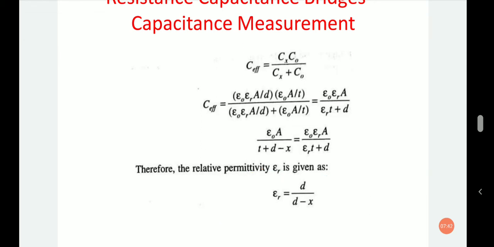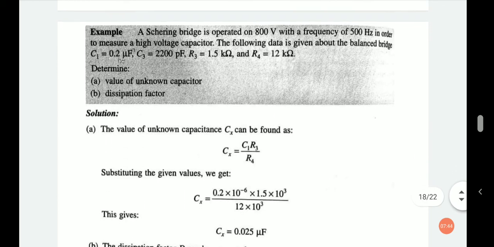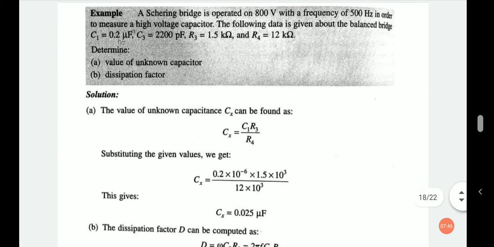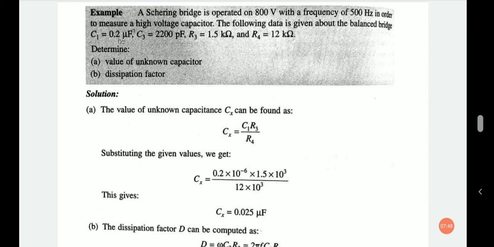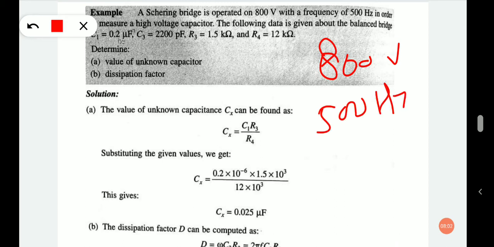Now we will see one numerical for the Schering bridge. A Schering bridge is operated on 800 volts with a frequency of 500 Hz in order to measure a high voltage capacitor.